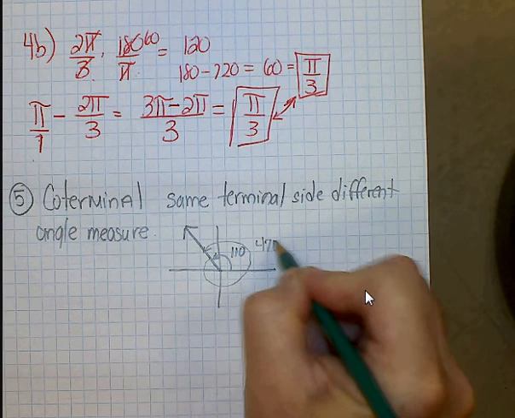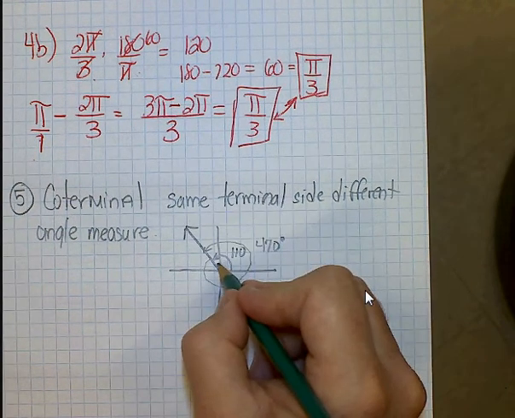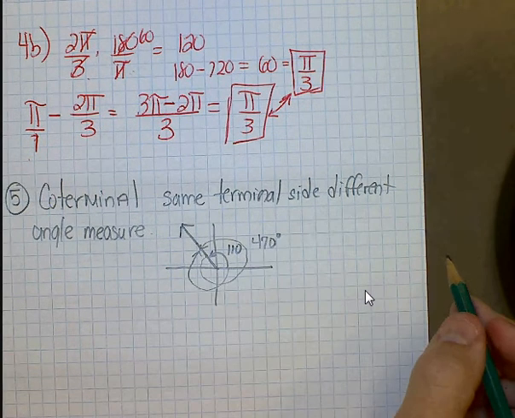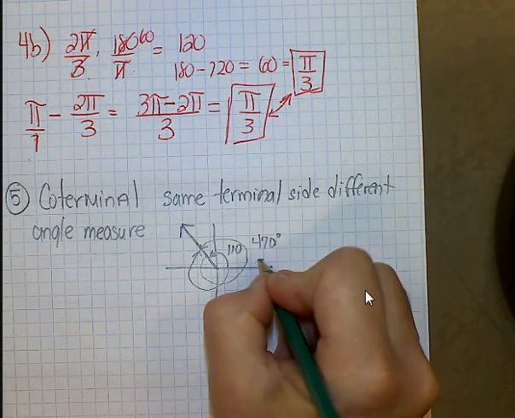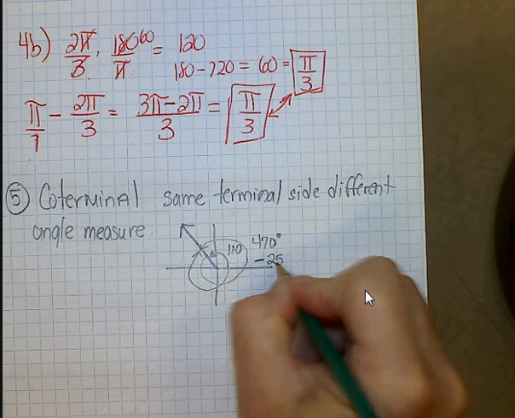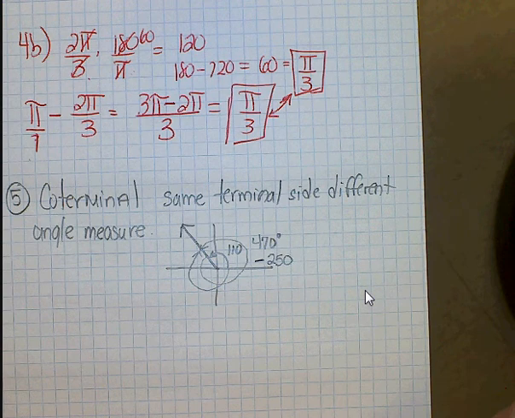Good. There's a positive angle. That would be coterminal. What if we went this way? We could take 360 and subtract 110 and get minus what? 250, I think? Yeah. Negative 250.